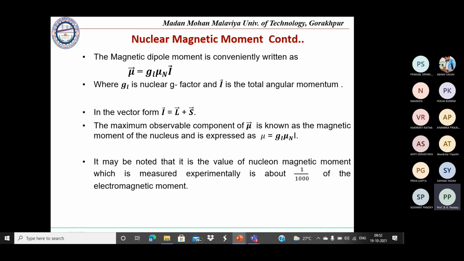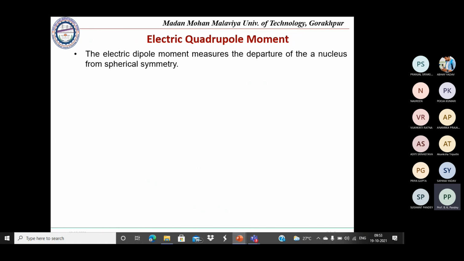Actually, the nucleon magnetic moment is equal to the 1000th part of the electromagnetic moment. It implies that the electron cannot be part of the nuclear constituents because its value is very high. That's why the electron has the high value. With that high value, the electron cannot exist inside the nucleus.